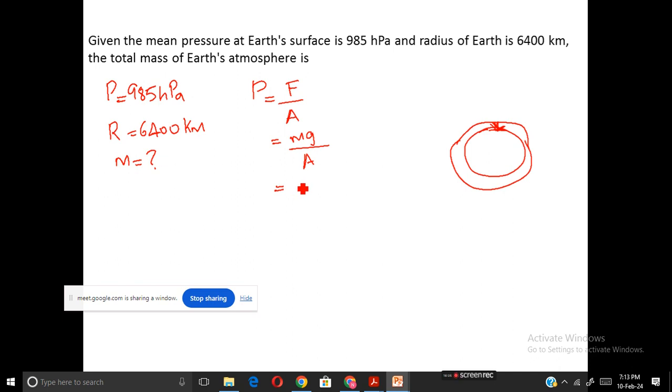So what will be the area of the Earth? How can we calculate? Area of a sphere is basically 4 pi r square. So r will be the radius of the Earth.